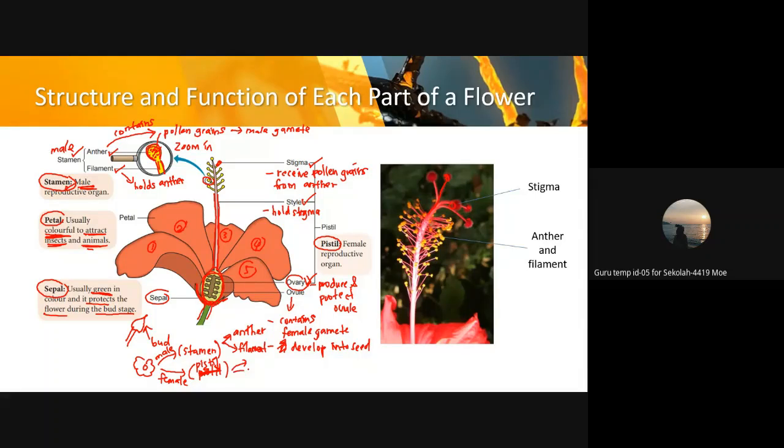While pistil consists of 3 components, right? What are they? Stigma, and then style, and then last one ovary. So ovary ni ada ovule. Sorry for my bad handwriting. Okay. So kamu kena ingat yang ni lah. Okay, 2 reproductive system untuk flower. Okay, ada male dengan female.